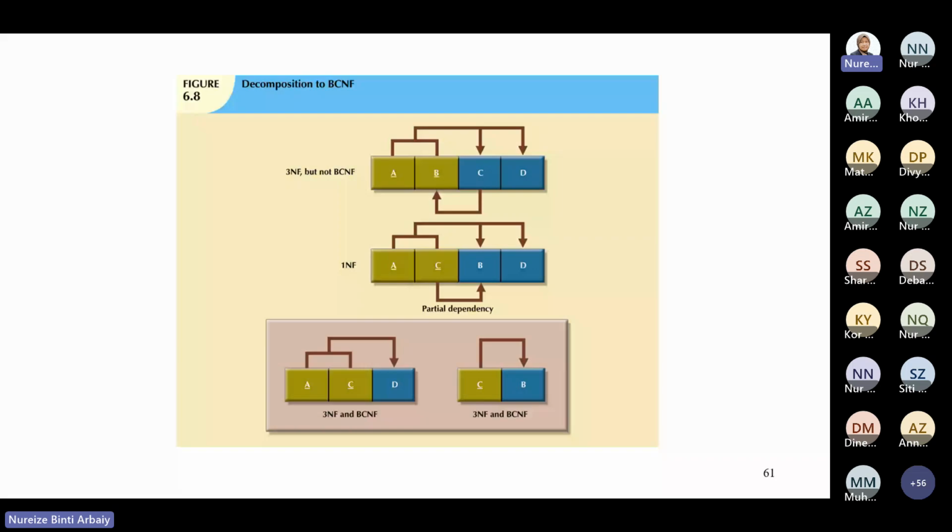The solution is the same. We recreate or introduce a new primary key so that C can be upgraded as a primary key, somehow combining with another primary key. So we can upgrade it into a primary key, that is the solution.